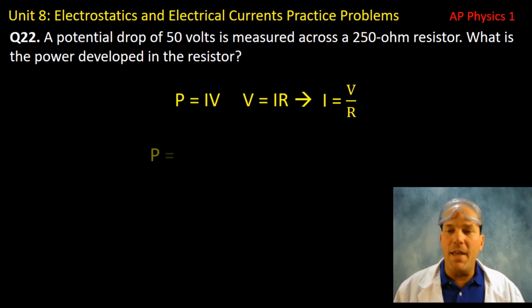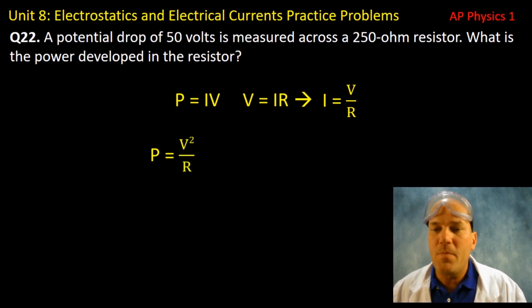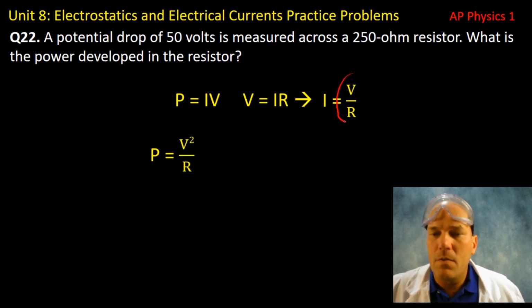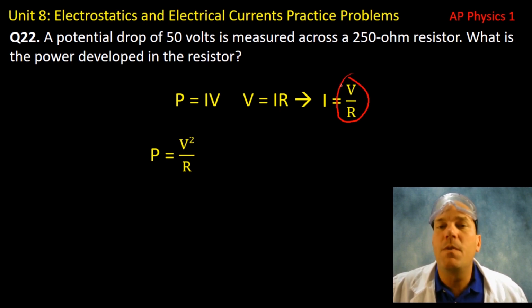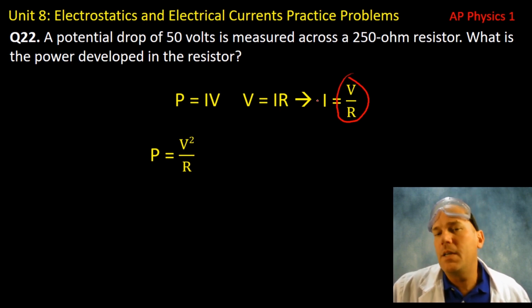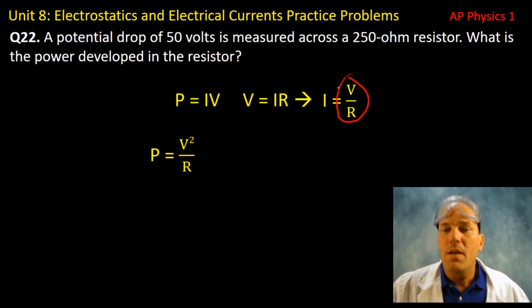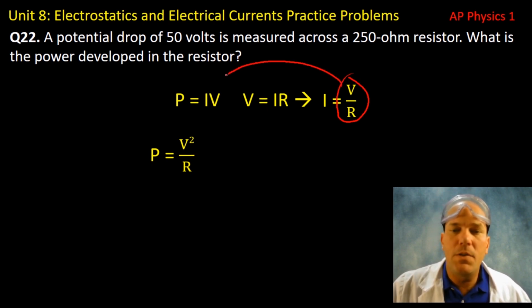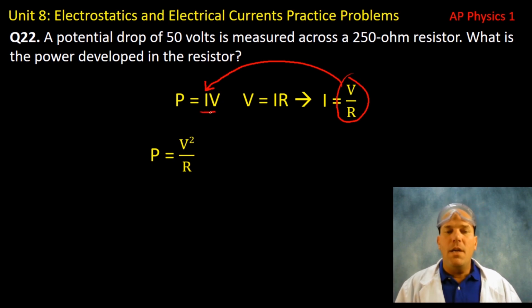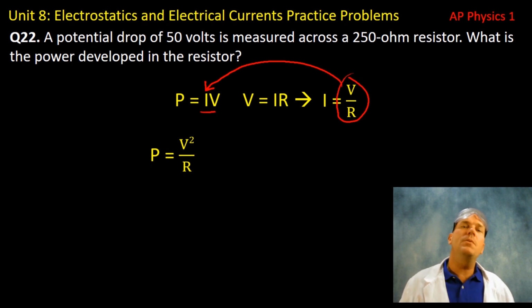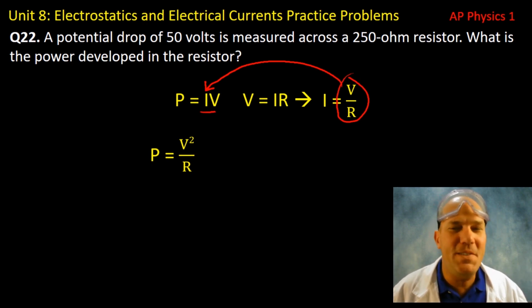We got that from algebraically rearranging Ohm's law. And so now I'm going to plug that in for current, which is why power is equal to voltage squared divided by the resistance.